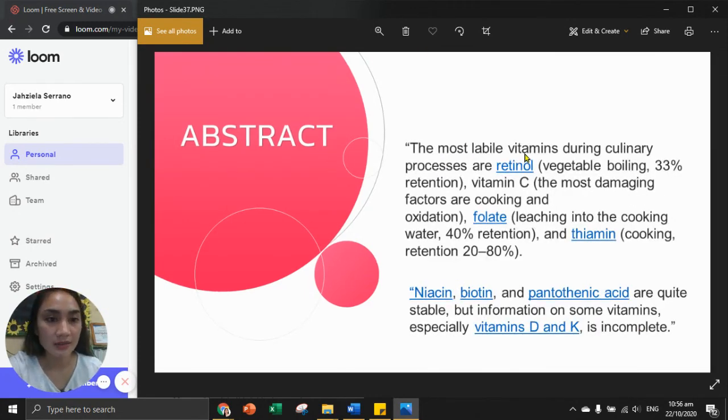So, the most labile vitamins during culinary processes are retinol. So, sa retinol, so this is vitamin B2. In vegetable boiling, 33% retention. Vitamin C, the most damaging factors are cooking and oxidation.